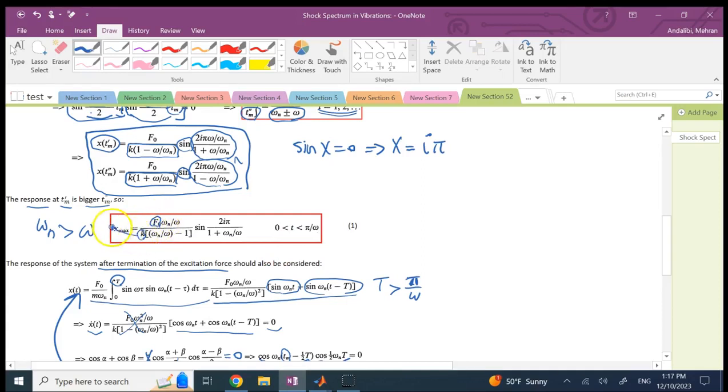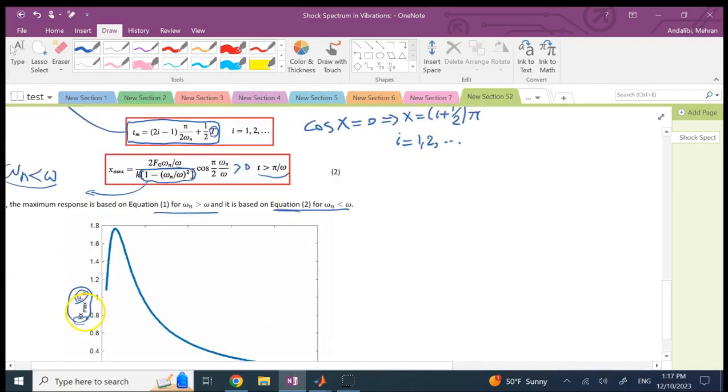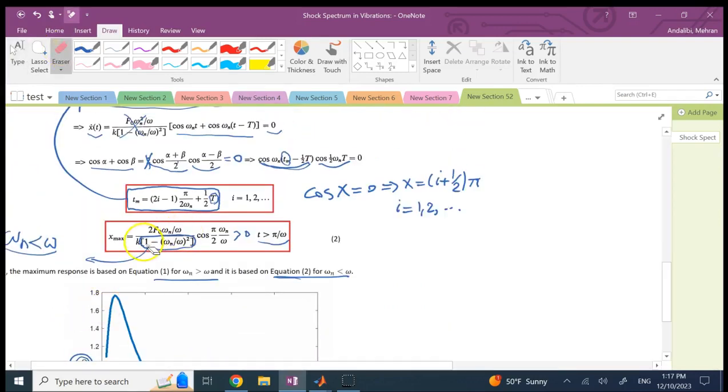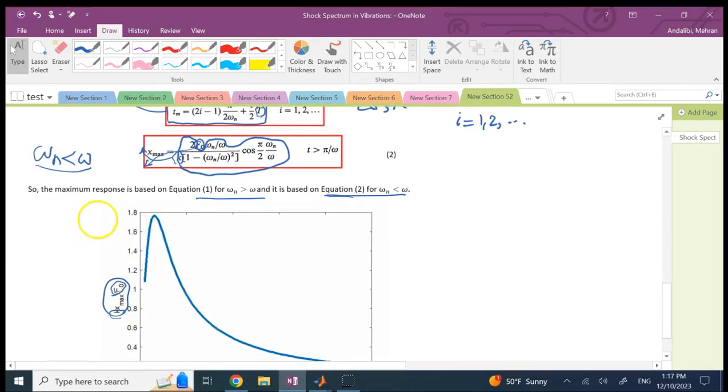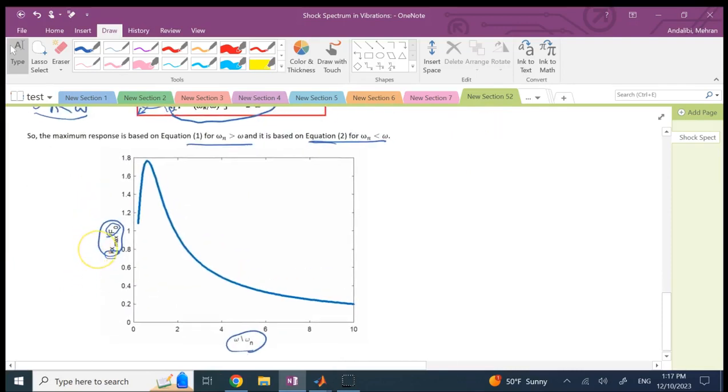So I multiplied by k and divided by f naught. So what I'm plotting is basically only this part. And similarly here again, k is here and f naught is here. So basically I'm plotting this 2 times omega n over omega times that. So if you combine again, this is your spectrum shock.